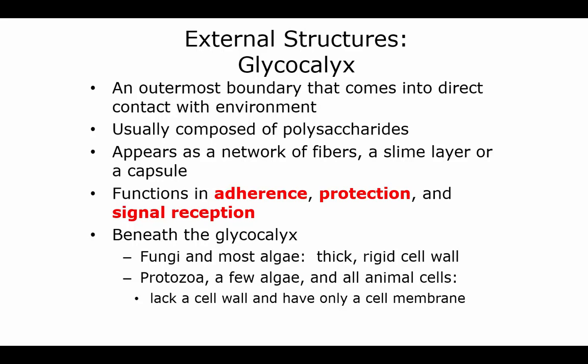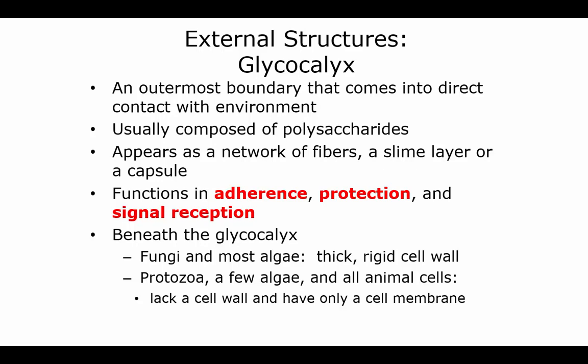Now the glycocalyx is the outermost boundary, and it's what's in contact with the external environment of the cell. And it's mainly polysaccharides, and it can either be a slime layer or a capsule. Remembering that the capsule is going to be more anchored and more secure.